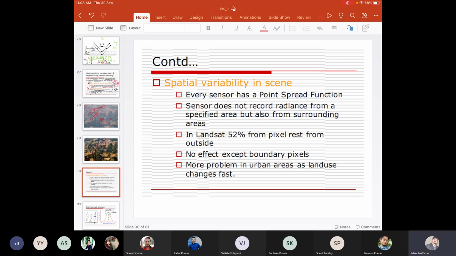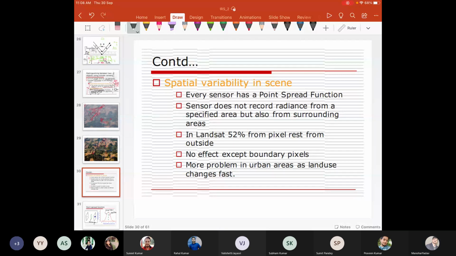Now we discuss the spatial variability in the scene, and when we talk about the sensor, as I discussed before, let me draw a schematic over here. We have a satellite based sensor. It looks towards the ground. Let's say at one particular epoch, it focuses on a particular ground resolution cell.